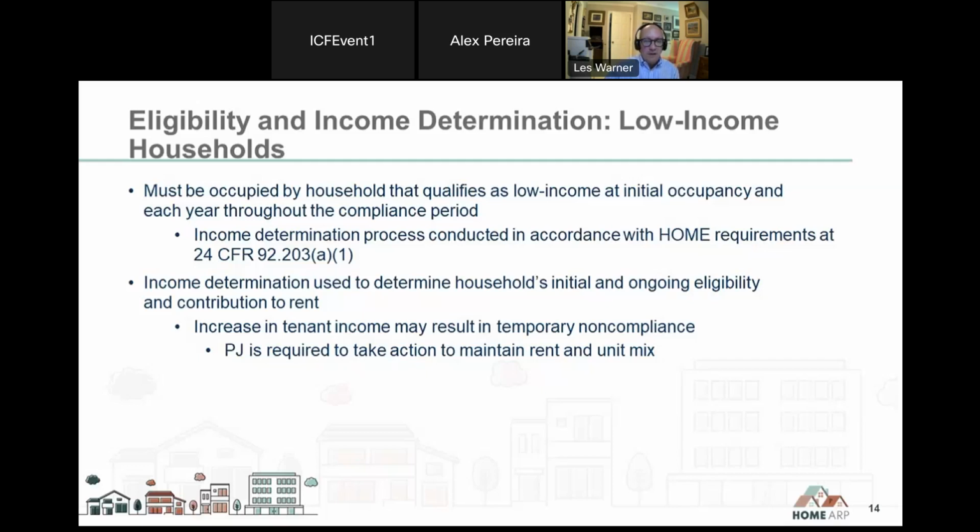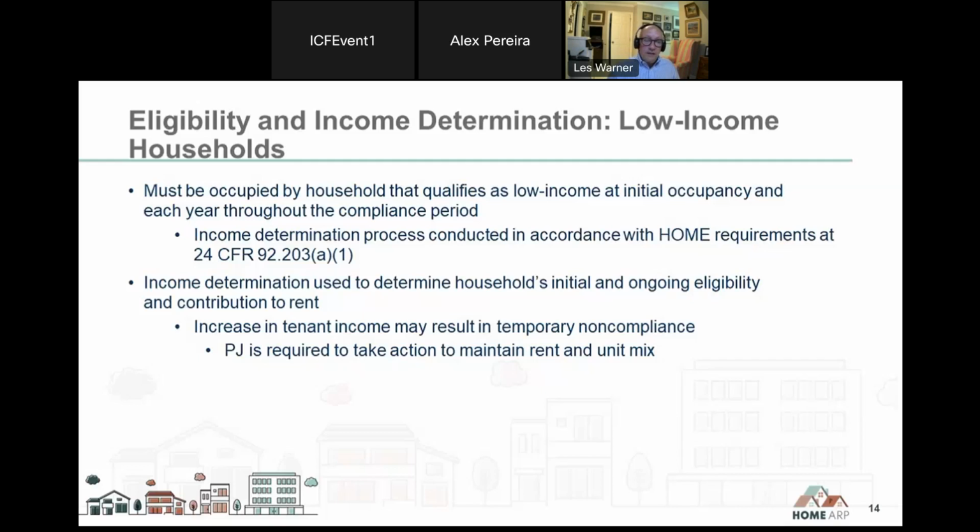We're not going to say, oh, now you're over income and you're going to have to move out of this unit, but we'll be talking about the monitoring of those units over that affordability period and the required actions that you would need to take as you go along. And again, these follow our regular HOME requirements, just like you may be familiar with from your other projects.